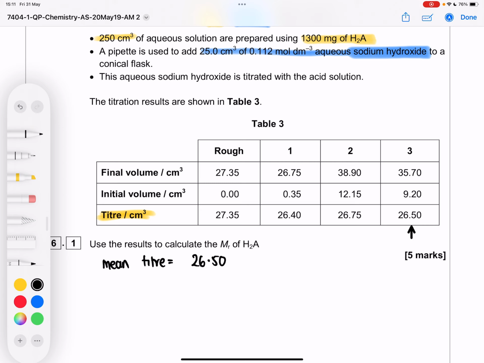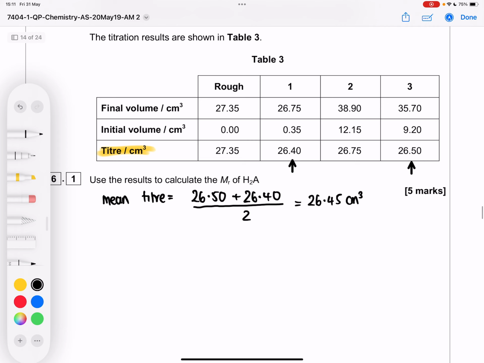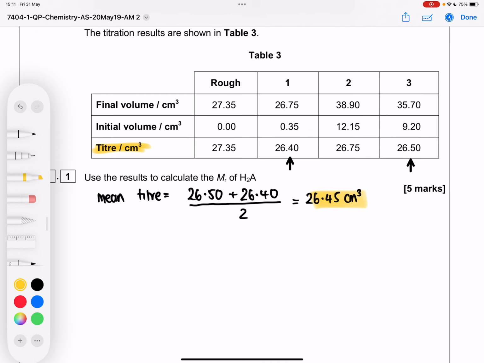So we find that it would be 26.40, and if you have always gone to the last one, you're just looking for the one closest, and you would always titrate till you reach concordant results, so it should be the last one. So that's our average titre, which is a volume of the acid.